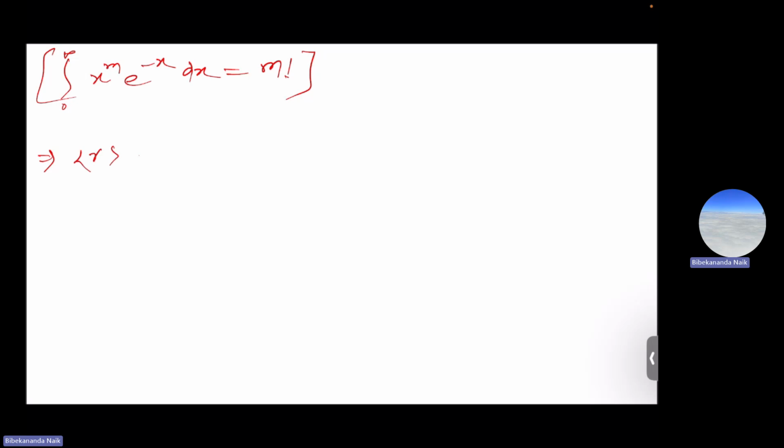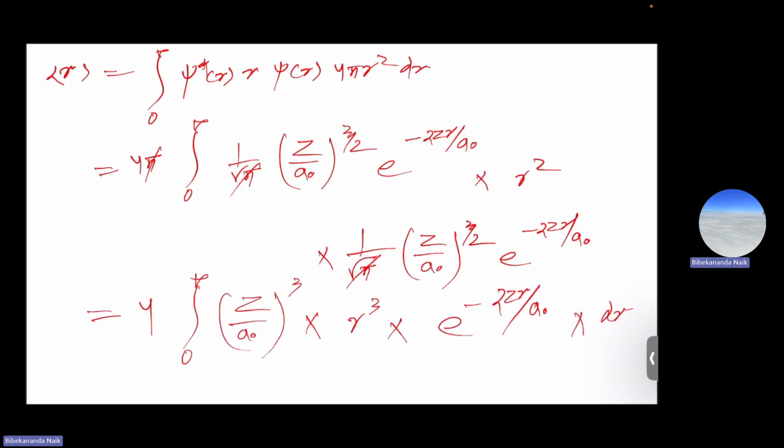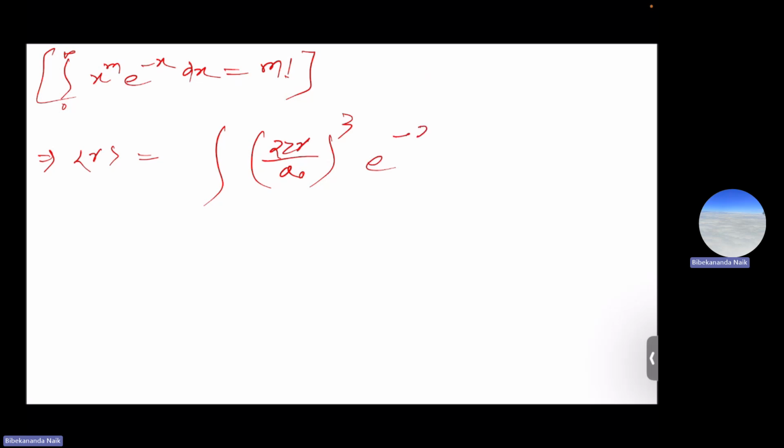The expectation value of r will be, with (2zr by a0) cube, e to the power minus 2zr by a0, into d(2zr by a0).